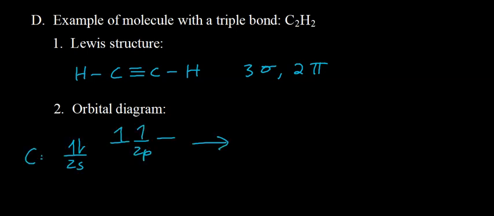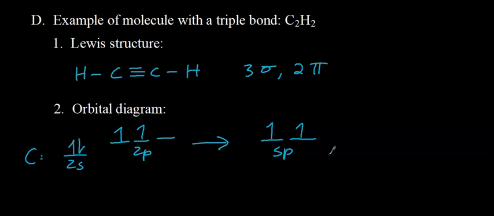To have a linear geometry, each carbon must be sp hybridized. So one of carbon's p orbitals combines with its s orbital to give rise to two new hybrid orbitals called sp hybrid orbitals. But again, we see that carbon has 4 valence electrons, has 2 other p orbitals that do not combine with the s orbitals.